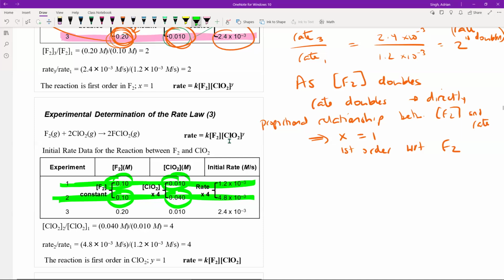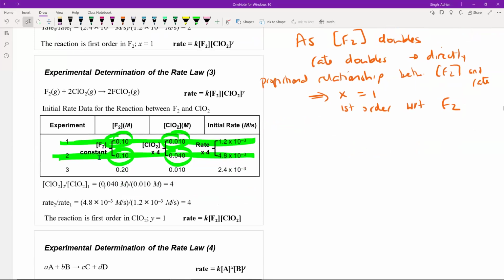Those are two different experiments compared to the first example. Again, we can do something similar. We divide the concentration of ClO2 in experiment 2 by the concentration of ClO2 in experiment 1. That's 0.04 divided by 0.01, and that gives 4. So we quadruple the concentration of ClO2.